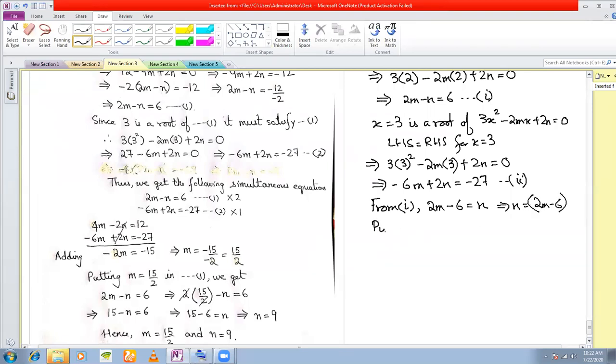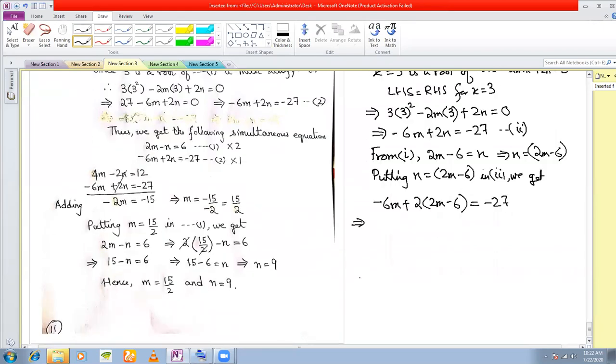Putting n equal to 2m minus 6 into the second equation, we get minus 6m plus 2n, n is 2m minus 6, is equal to minus 27. That means minus 6m plus 4m minus 12 is equal to minus 27.